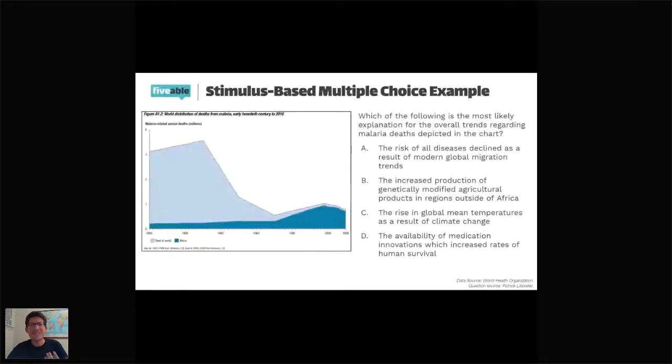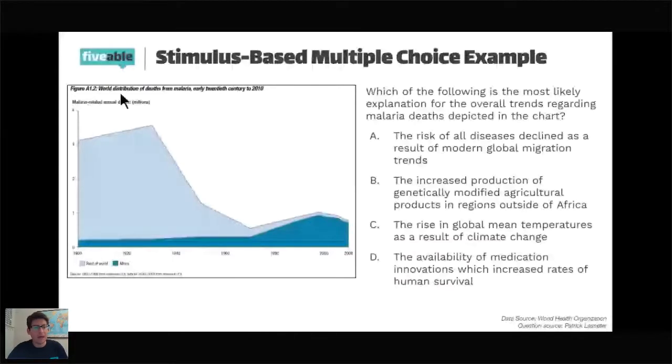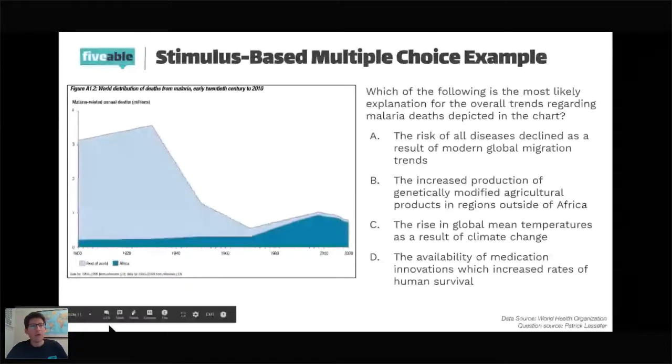So with this question, you have a chart, and since I'm looking at sourcing this chart, I want to think about, all right, what is the chart saying? Well, here you have world distribution of deaths from malaria in the early 20th century to 2010, right?